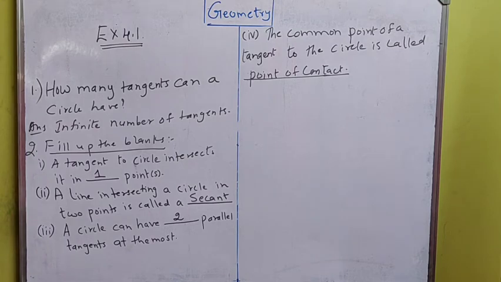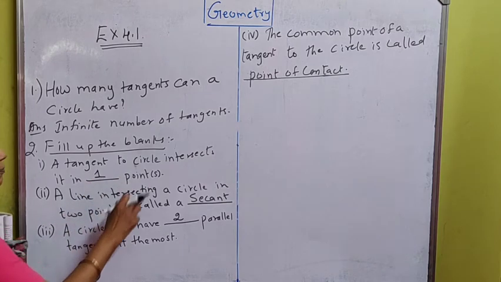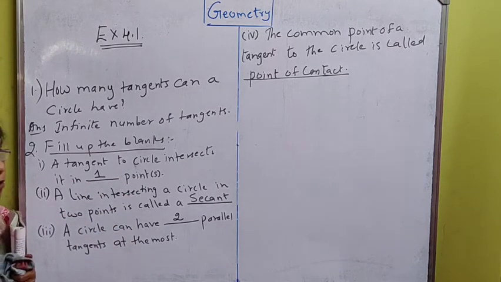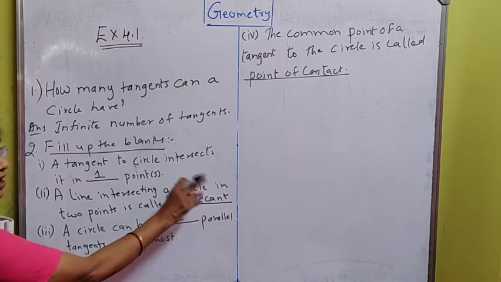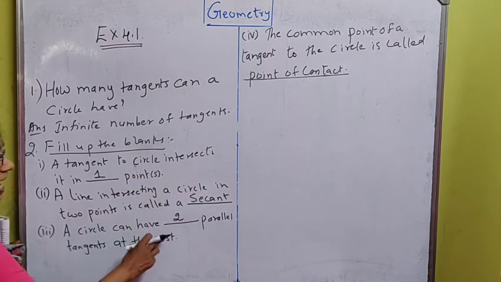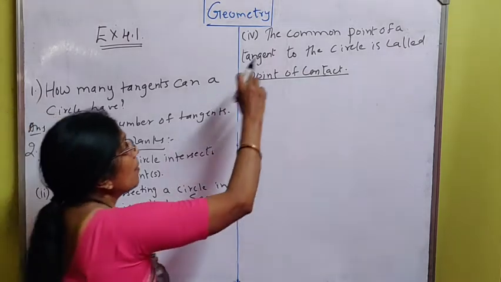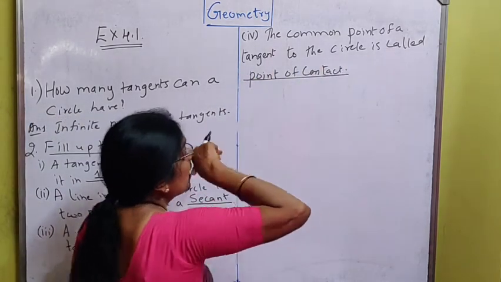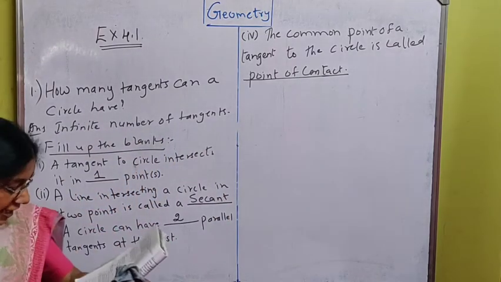Second question, a tangent to a circle intersects it in dash point, only one point, a single point. A line intersecting a circle in 2 distinct points is called a secant. A circle can have at the most 2 parallel tangents. The common point of a tangent to the circle is called the point of contact. So this is the first question and second question.